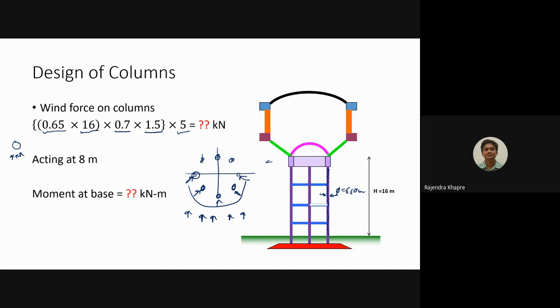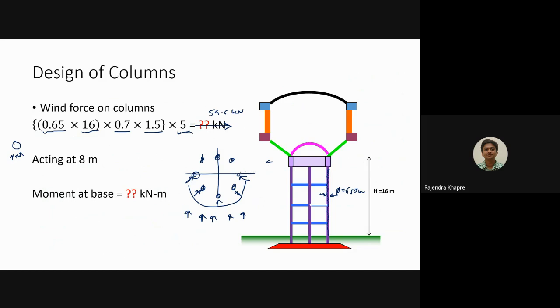And I'm going to multiply this with 5 because at a certain point of time only 5 columns will be exposed. So how much is the wind force? Please do the calculations. 54.6 kilonewton.